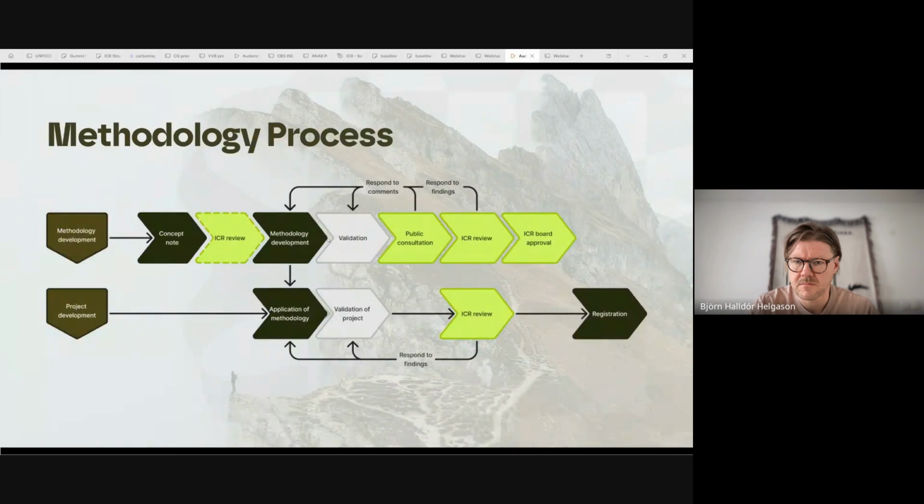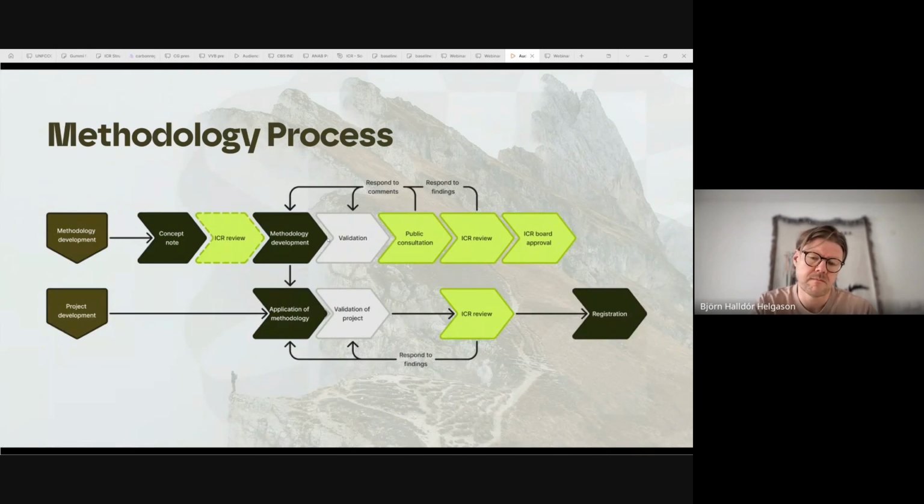In parallel to the methodology approval, we want to see the application of that methodology at the project level, either through a dummy project or through a real-life project. So we see how the methodology informs a PDD.